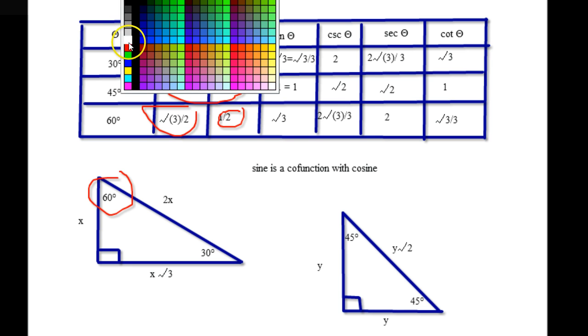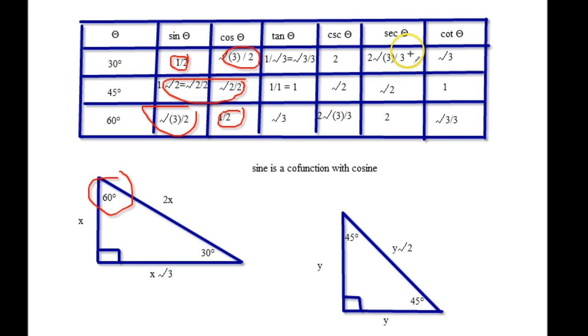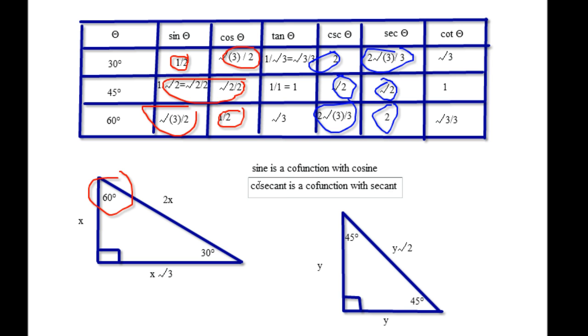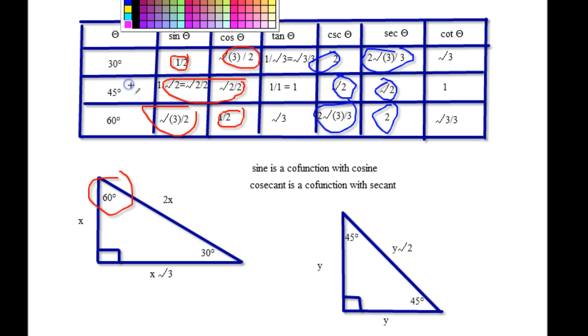Let's go to a different color. Now that also means cosecant and secant have some co-function relationships because, since they're reciprocals, they also follow the same kind of relationships. So cosecant is a co-function with secant. Okay, so that's some really cool stuff right there. Alright, let's go to purple.